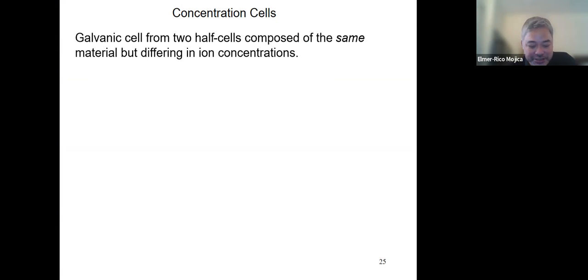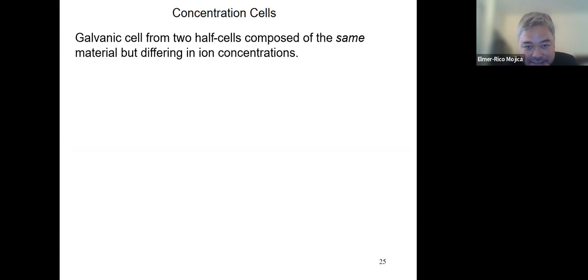The last part that I'm going to give to you is the effect of concentration. Now, what happens if we have the same materials, the so-called concentration cell? Can we still get a battery?